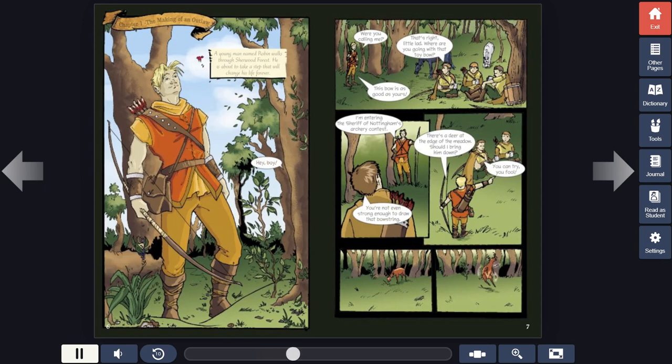Hey, boy! Were you calling me? That's right, little lad. Where are you going with that toy bow? This bow is as good as yours. I'm entering the Sheriff of Nottingham's archery contest. You're not even strong enough to draw that bowstring. There's a deer at the edge of the meadow. Should I bring him down? You can try, you fool.